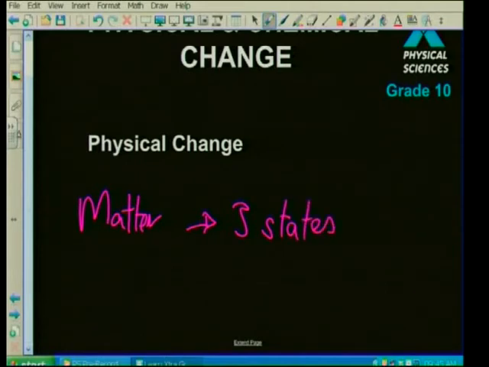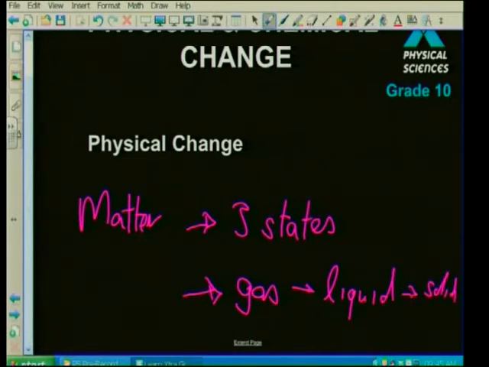And some physical changes are the conversions or the change of these states. So moving from a gas to a liquid to a solid, those are all phase changes or state changes.